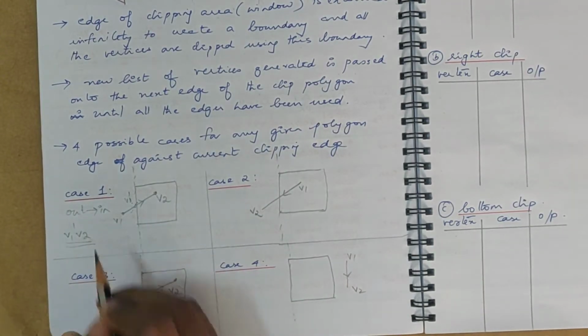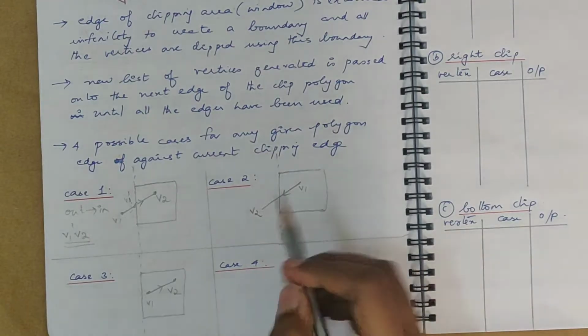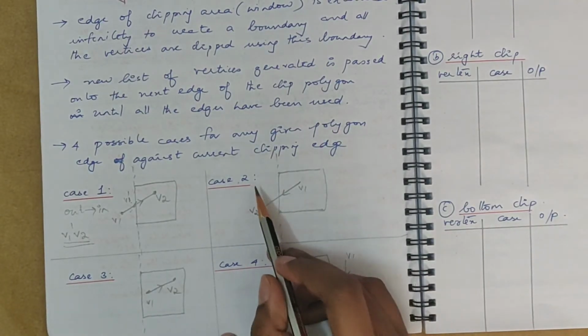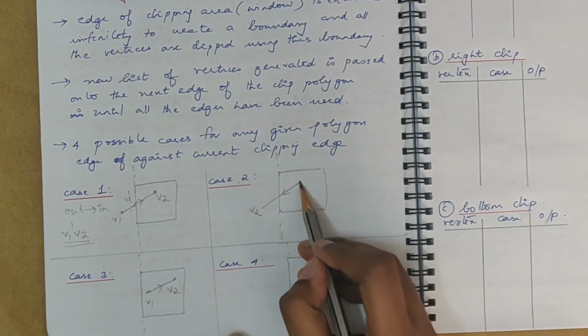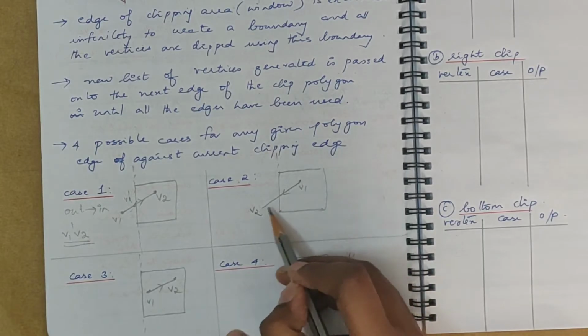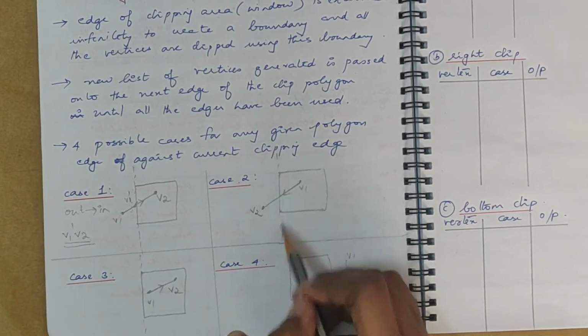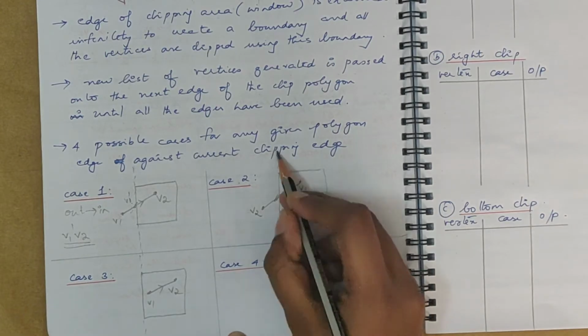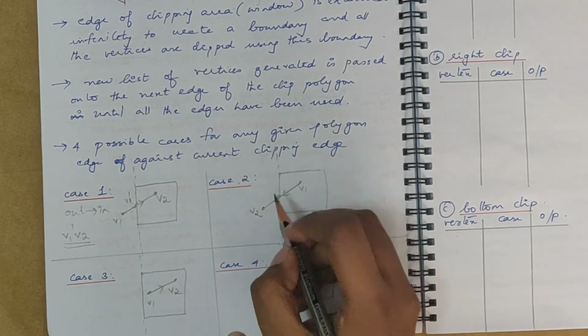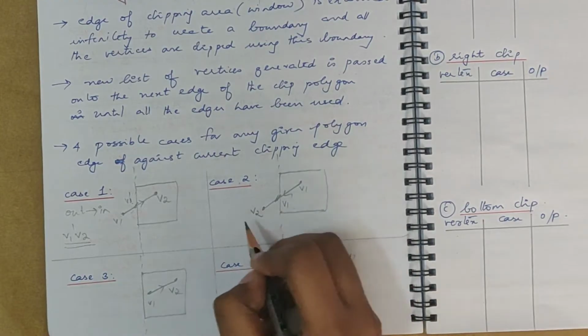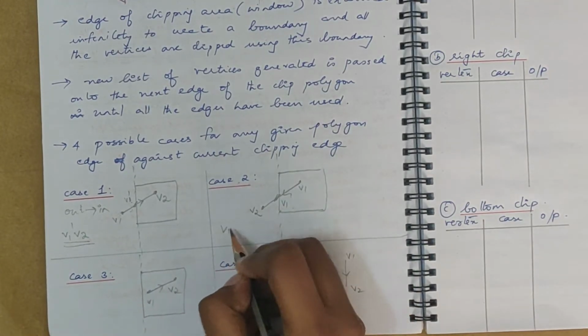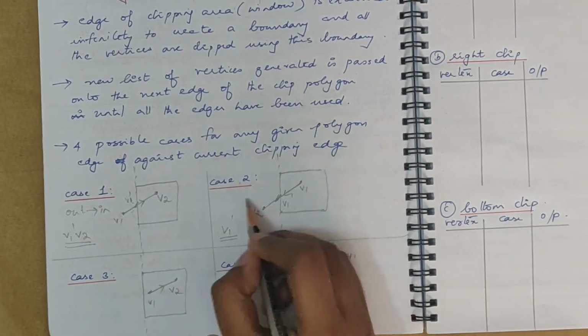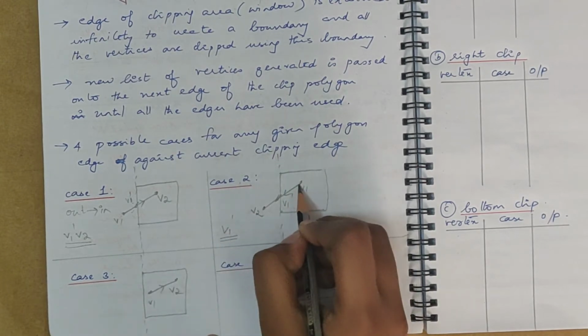Now let us look at the second case. The second case is where the first vertex V1 is inside and the second vertex V2 is outside the clipping boundary. In that case, the point of intersection of the edge with the clipping boundary alone, say V1 dash, will be added to the output list. This is a case of in to out.